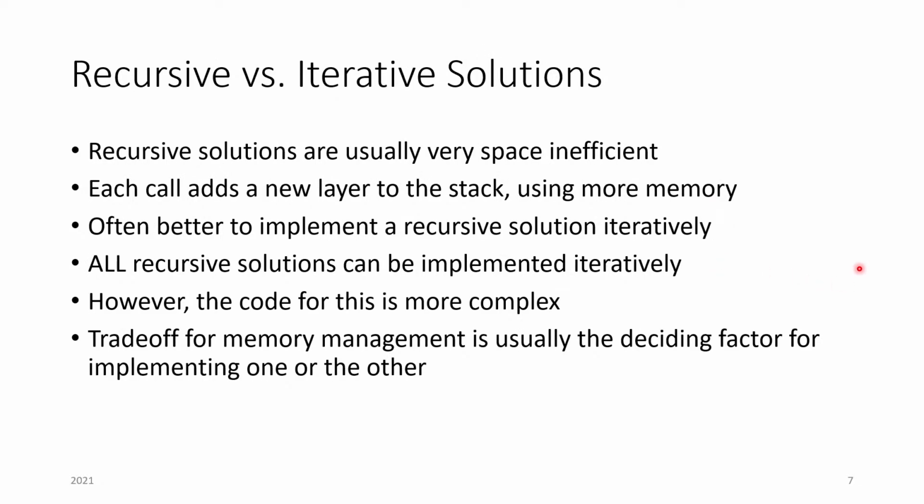Now, there are also iterative solutions that do exist for any recursive solution. And we're going to just briefly discuss the differences between recursive and iterative here. Any recursive solution is going to be very space inefficient because when you do a recursive solution, it keeps on calling itself as its function.